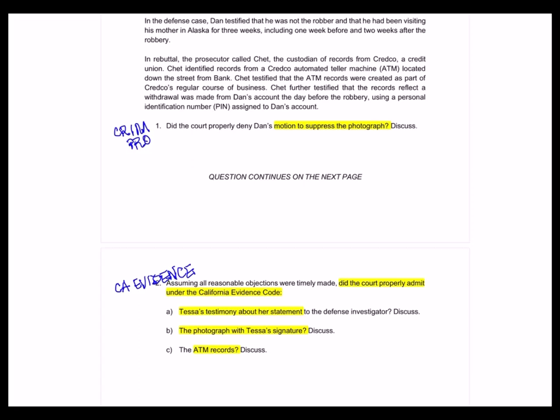The secondary evidence rule is what California calls the best evidence rule under the Fed system. The reason I say call B is probably involving the secondary evidence rule is because it has Tessa's signature on it. So if that is at all at issue, it's going to be the secondary evidence rule.